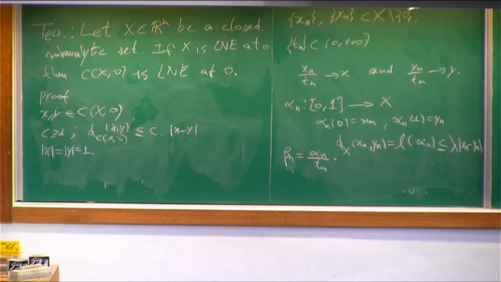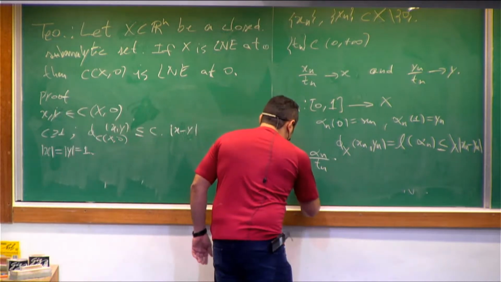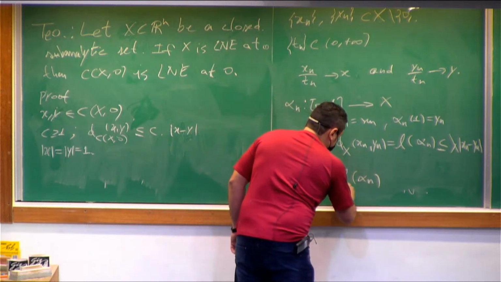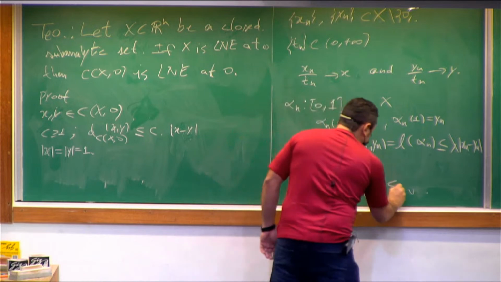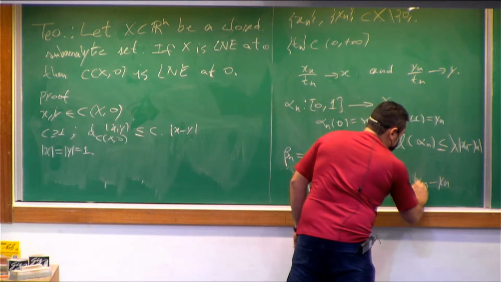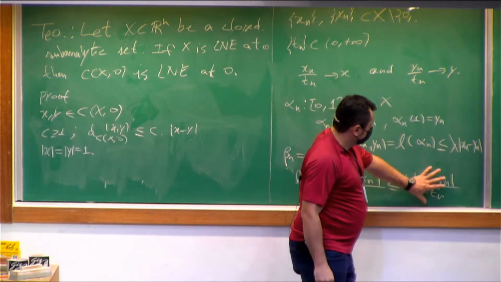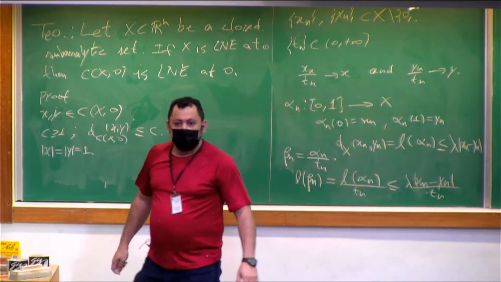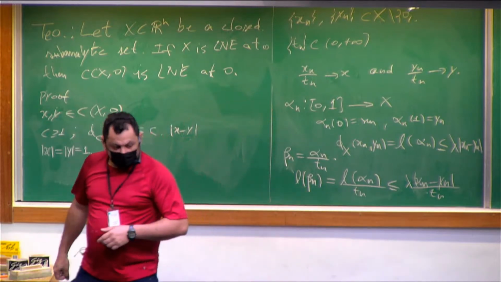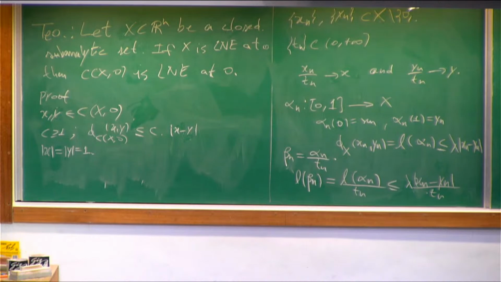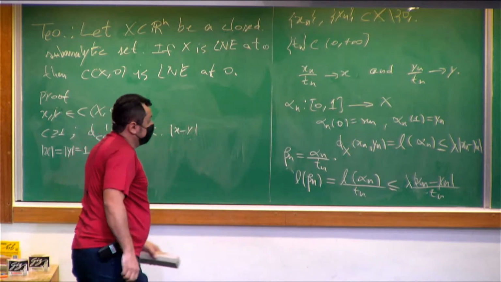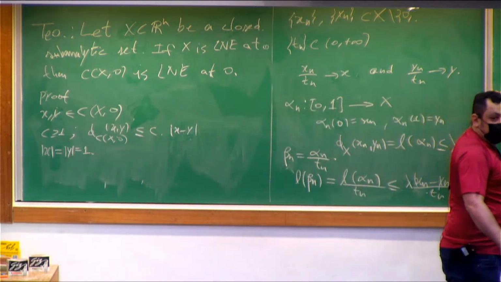This implies the length of beta_n is the length of alpha_n over t_n, which is easy to prove, and of course this is less than lambda times the norm of x_n minus y_n over t_n. But I know this converges, so this is bounded. Okay, so we know this is bounded. And if an arc has finite length, we can reparameterize it to be a Lipschitz arc, for example.